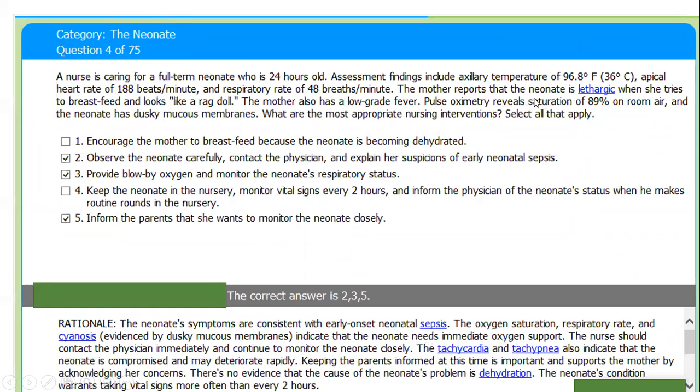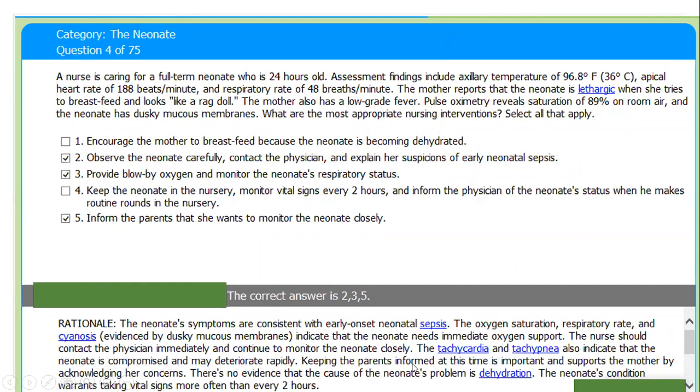Because oxygen saturation is 89%, it should be 95 to 100. So the nurse should contact the physician immediately and continue to monitor the neonate closely. Tachycardia or tachypnea also indicates that the neonate is compromised and may deteriorate rapidly.